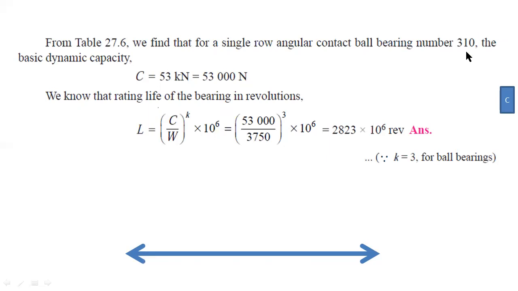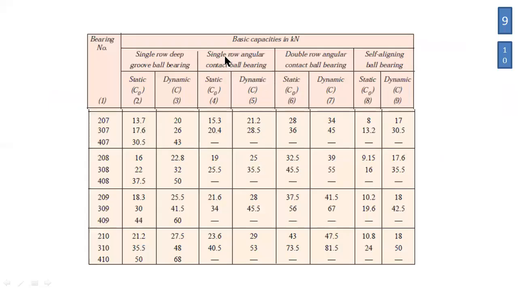For angular contact bearings, these are the angular contact ball bearings. By using this column for bearing number 310, choose suitable values of C naught and C. These two values are our required values.